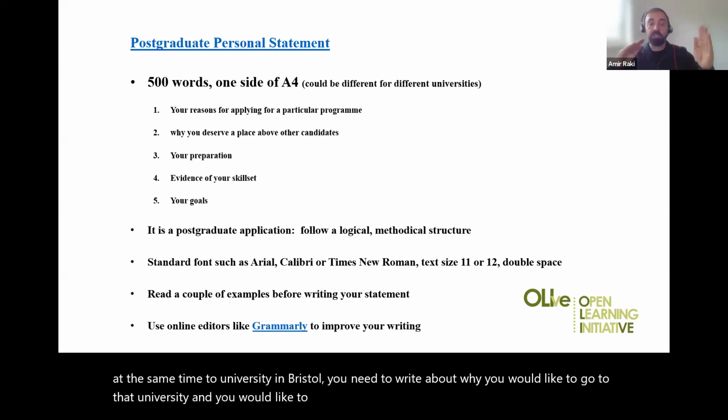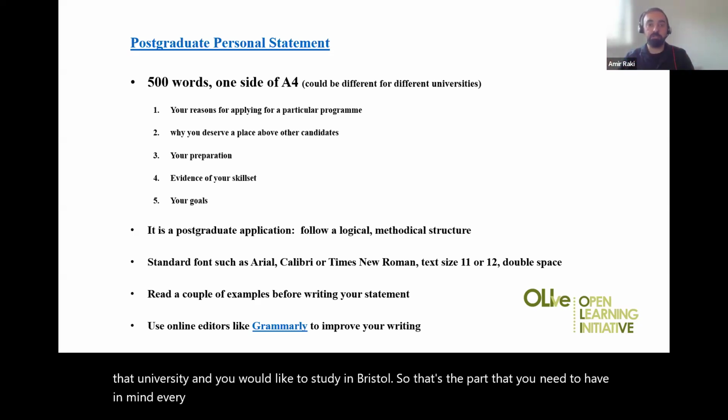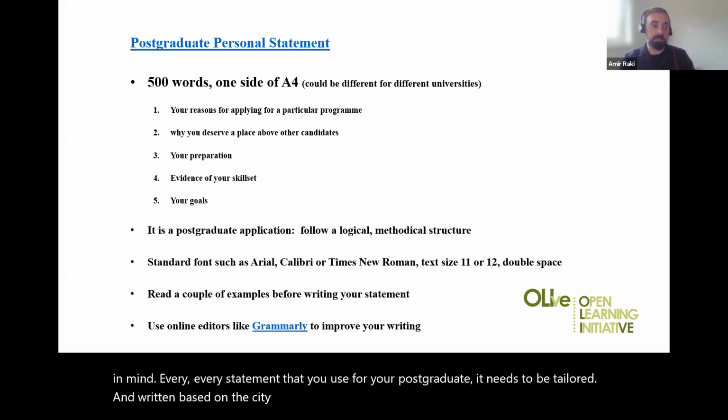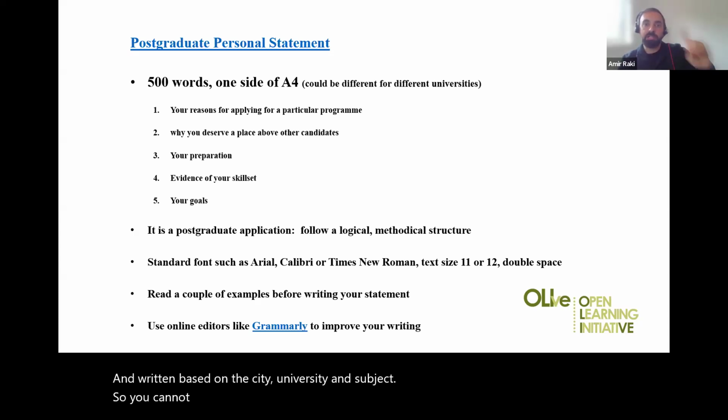So that's the part that you need to have in mind. Every statement that you use for your postgraduate needs to be tailored and written based on the city, university, and subject. So you cannot have just one and copy and paste it. You need to change it slightly for every single application.